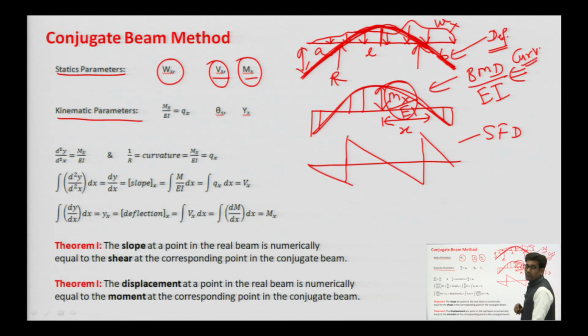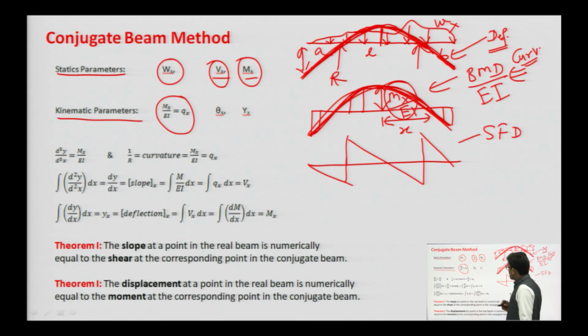Now this curvature, say it is qx, is a kinematic parameter, and slope and displacement at any point are also kinematic parameters.